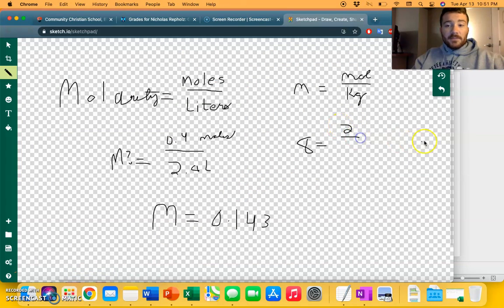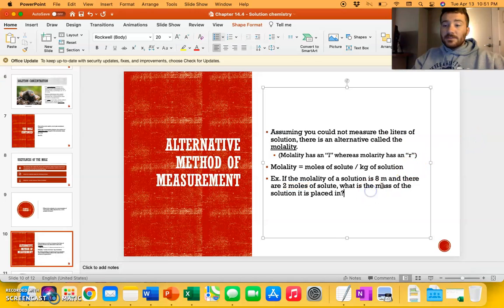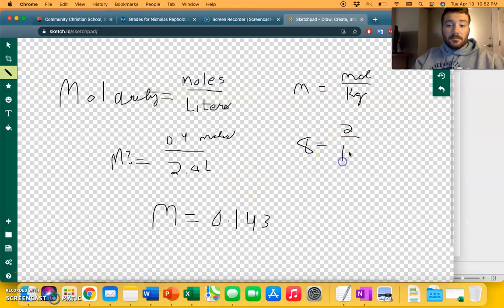And how many kilograms? That's our variable. We don't know the amount of kilograms, so I'm just going to put kg as a variable. And so we have 8 equals 2 divided by our variable. We have to simplify this by multiplying kg, or the mass of the solution, over to the other side.